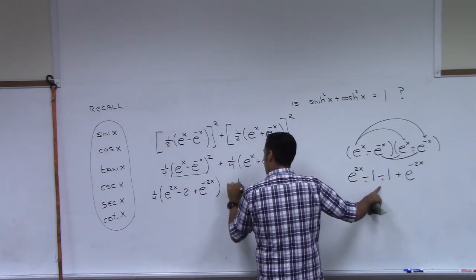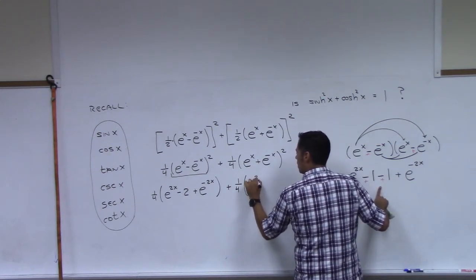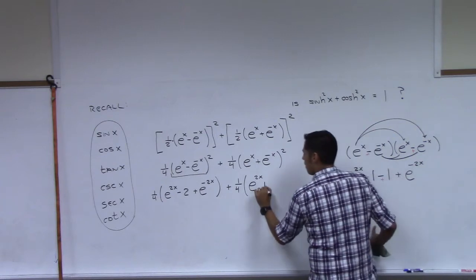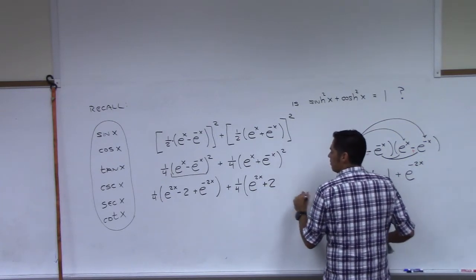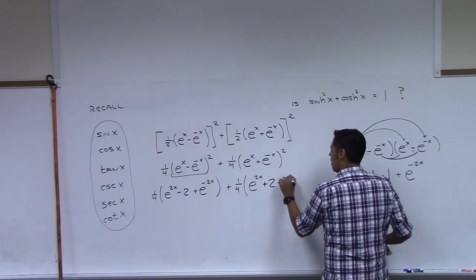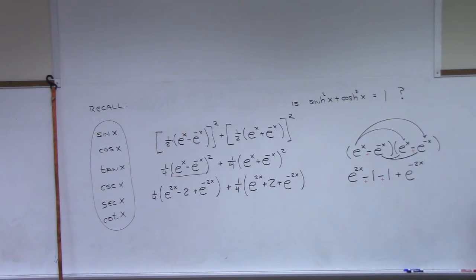Then I have plus 1/4. And when I expand this, which I didn't show, it would be e^(2x) plus 2 plus e^(-2x). That's what I would get. Does this equal 1?